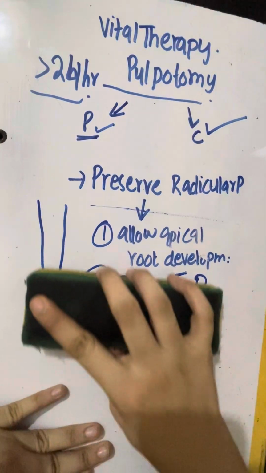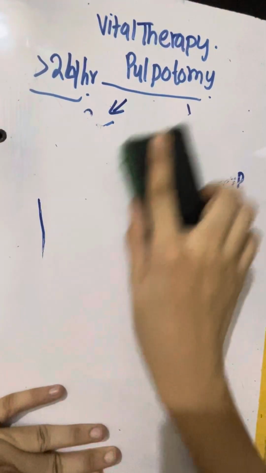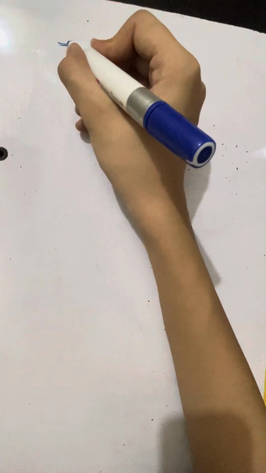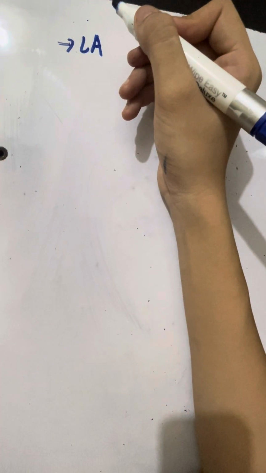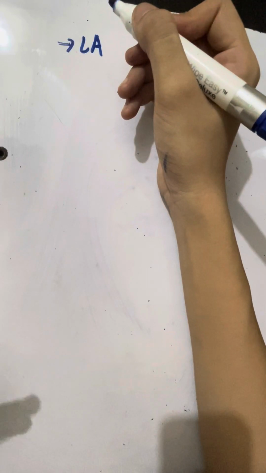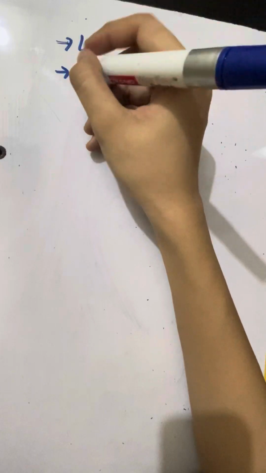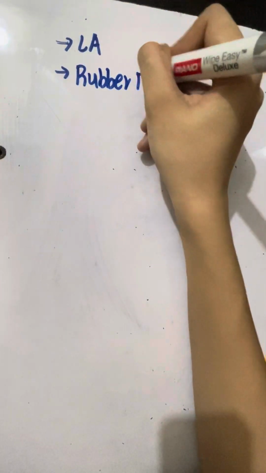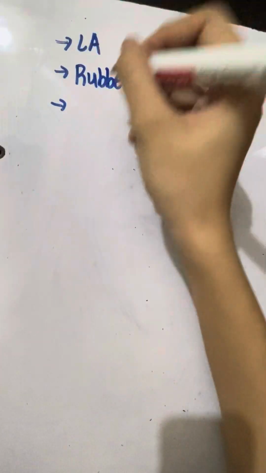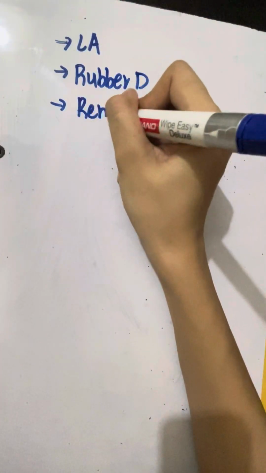Now we will discuss the procedure of pulpotomy. First we will go for LA because the pulp is exposed and we don't want the patient to experience pain. So we will go first for LA, then rubber dam isolation, then removal of the pulp.